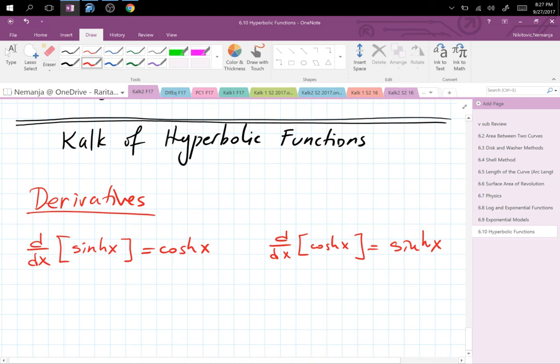Observe there's no negative there. You had negative for trig. The derivative of tangent hyperbolic x is going to be secant hyperbolic squared x. Same stuff as before.